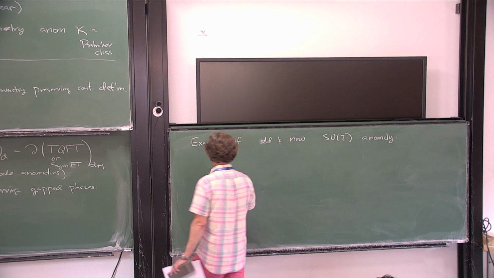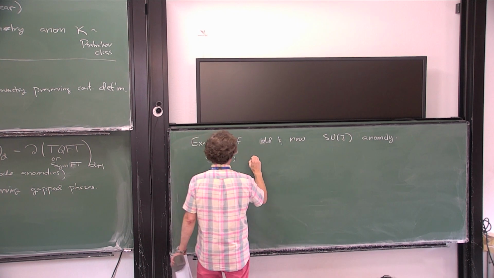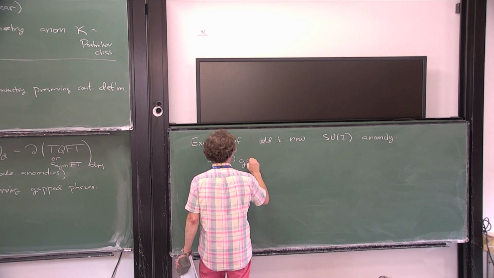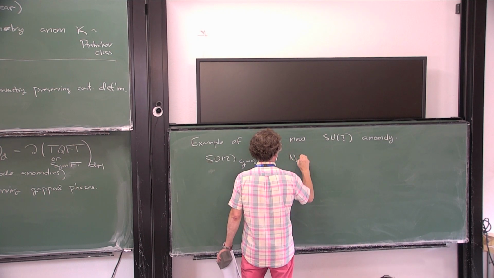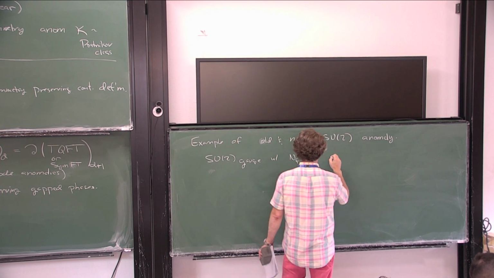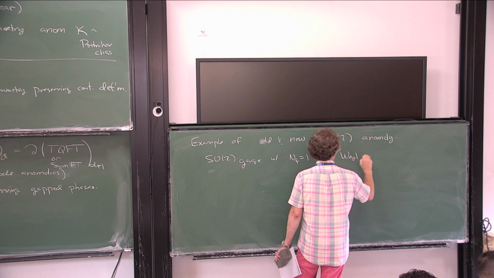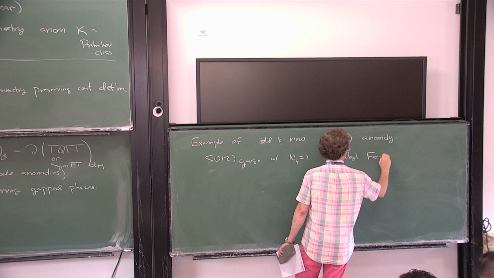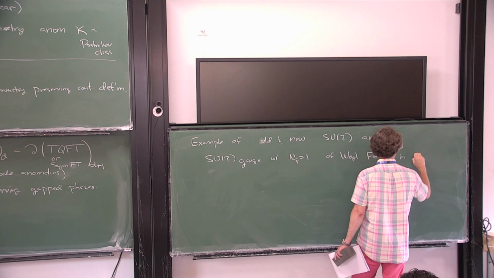So the old SU2 anomaly is, suppose you look at an SU2 gauge theory with, let's say, one flavor of fermion in the fundamental.